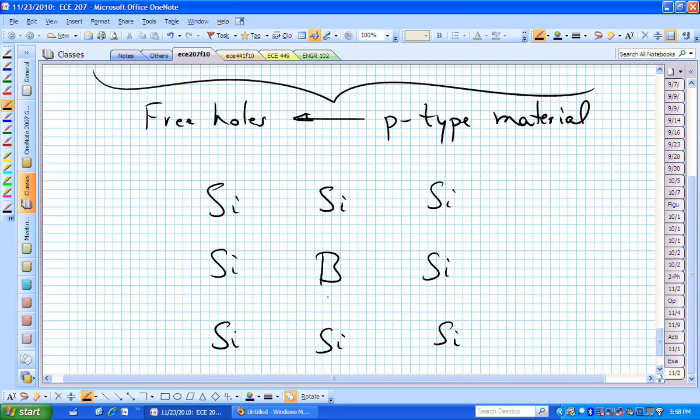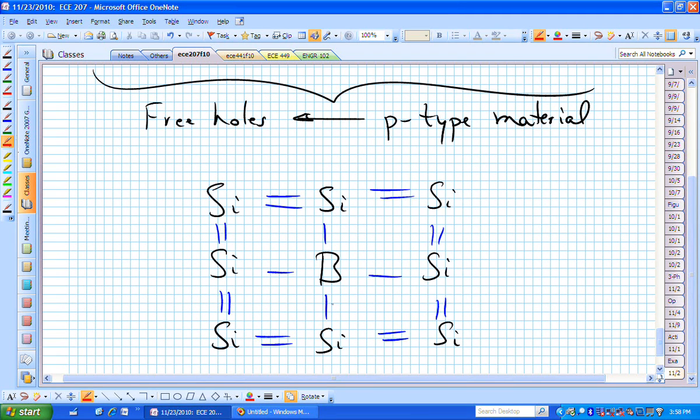This silicon is going to give us, or those four on the four quadrants will donate one, and then we have all of these others that share electrons in their outer shell.